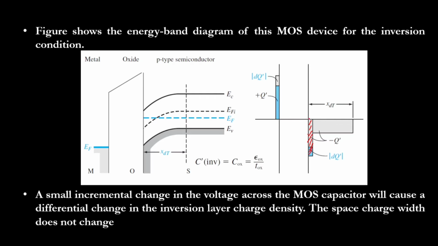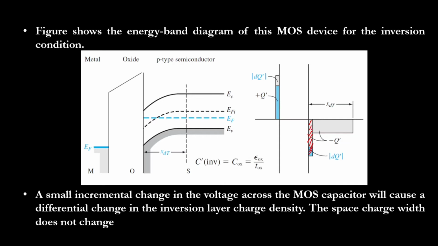If you increase the positive voltage further, don't think the depletion region is going to be more widened. It is not going to widen, but what is the positive charge used for? It is used for the inversion of the semiconductor near the junction between the oxide and semiconductor layer. Now the capacitance is simply because of this oxide layer.